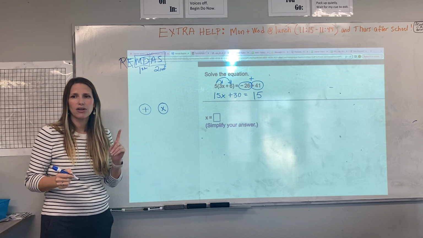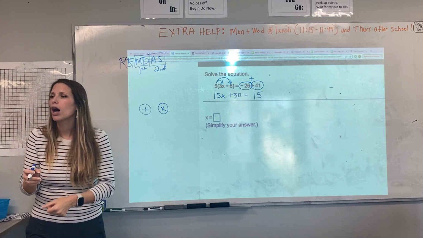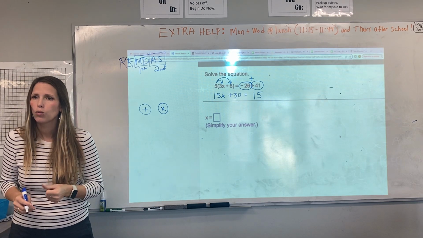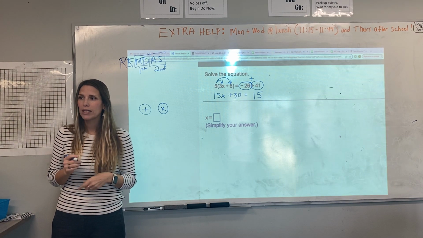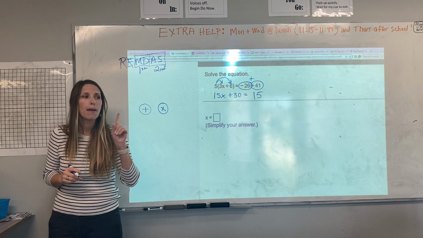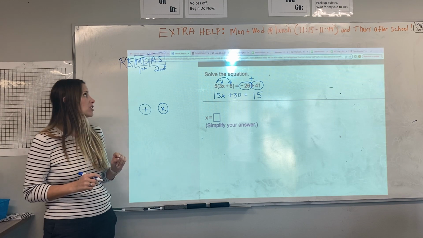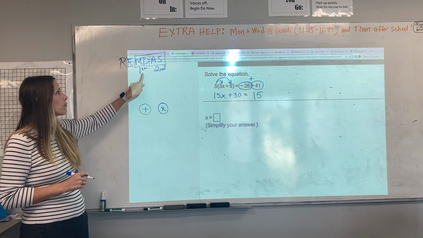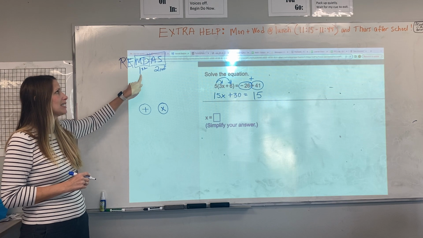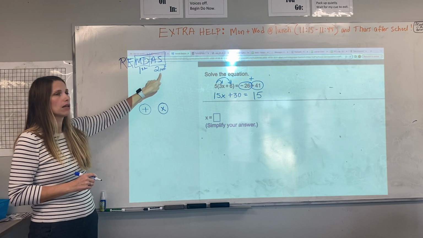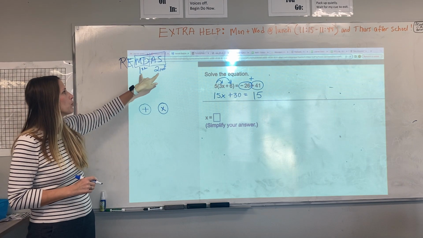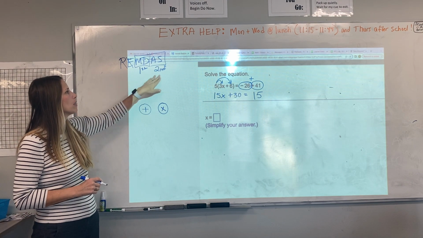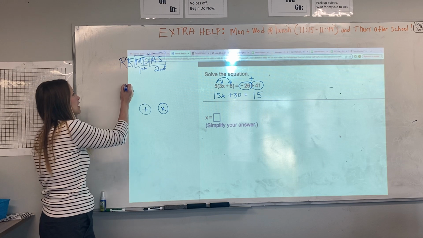But we're solving algebraically. We are undoing what has been done. If we're undoing something, we need to go backwards order of operations. So instead of taking care of the multiplication first, we need to take care of the addition and subtraction first, okay? So this is the regular order of operations.